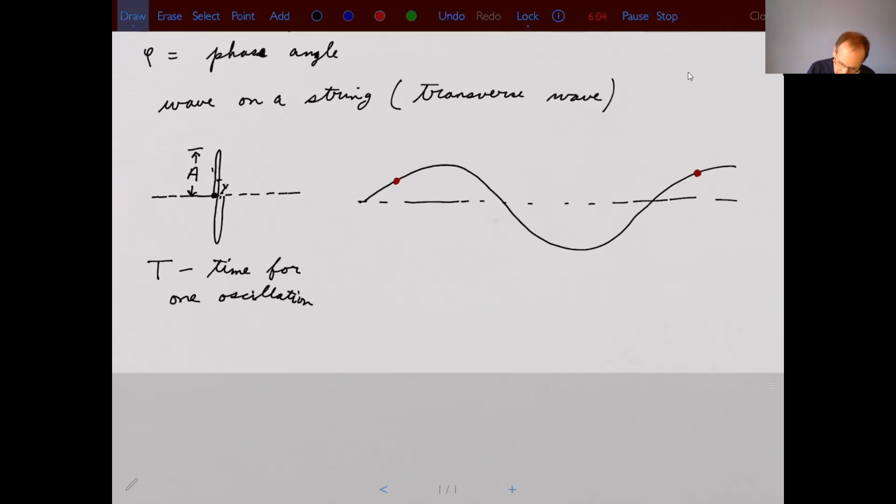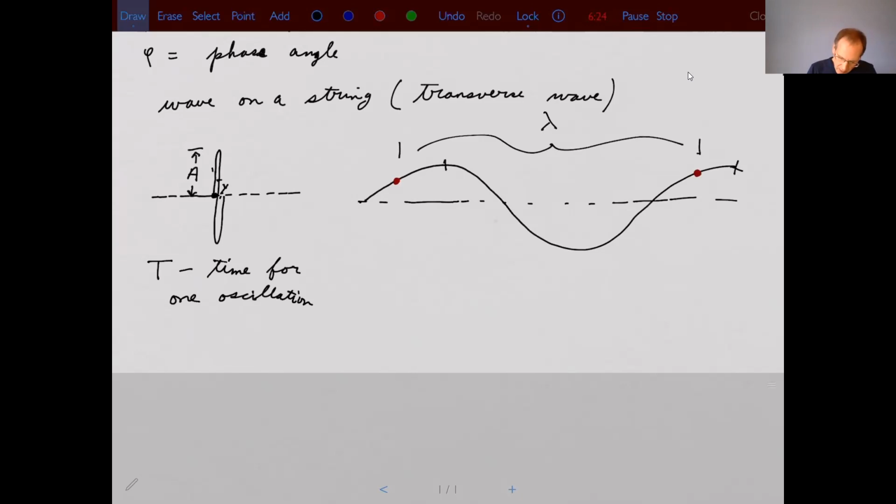Then this distance, from here to here, is called the wavelength. You're probably more familiar with going from peak to peak, but it means the same thing.